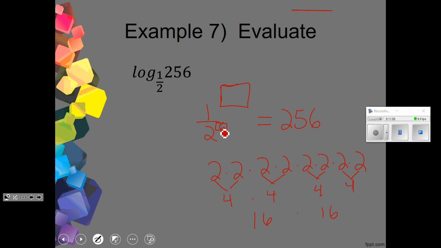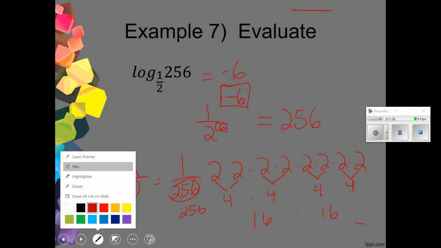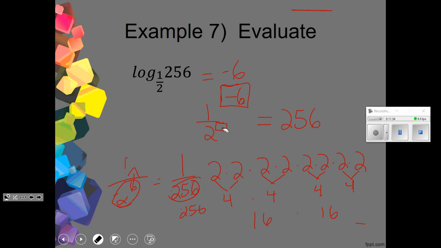But what do I need to do to get this up? So 1 over 2 to the 8 would equal 1 over 256, right? But this is up top. So what would I do to this to get it back up top? 1/2 to what power? The negative power, based on what we did the other day.